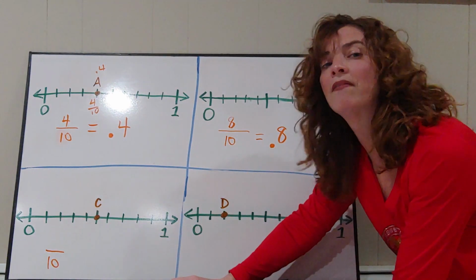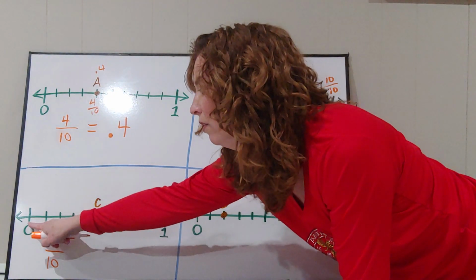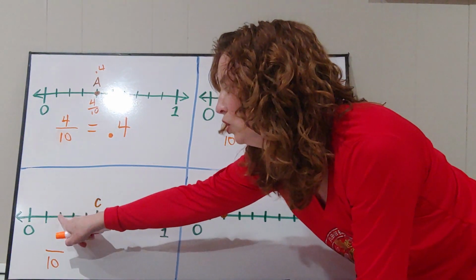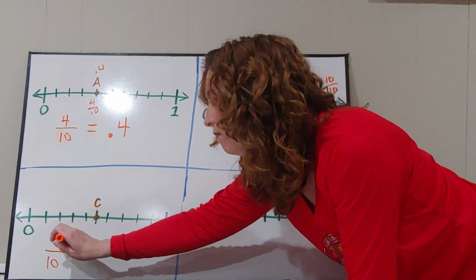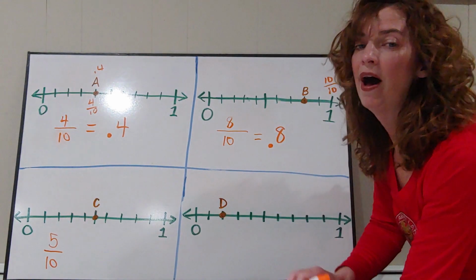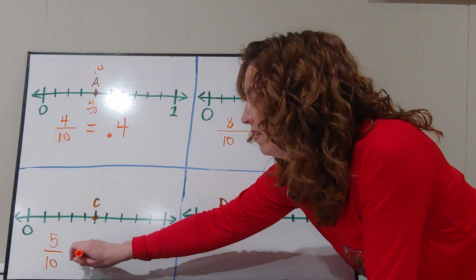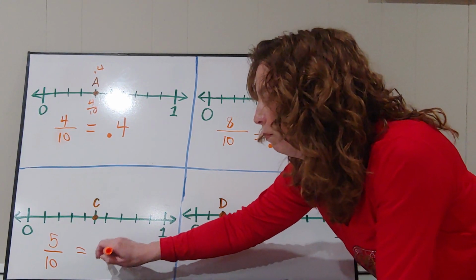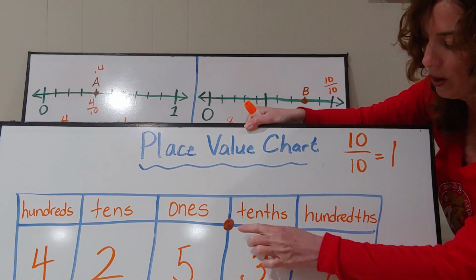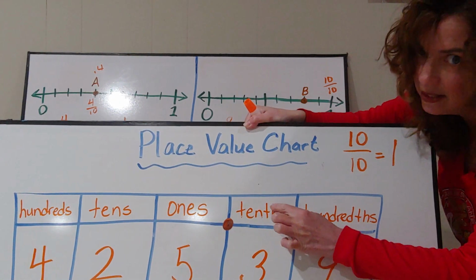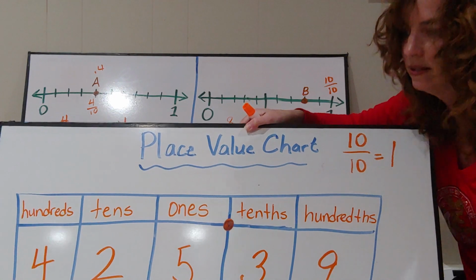And now we're going to count the lines. So start at the 0. 0, 1, 2, 3, 4, 5. 5/10. So C equals 5/10. And if that's a decimal, we're going to put our decimal point, right? I hope you can see this when I pull it up. We have our decimal point, and we're going to put our 5 in the tenths column because it's 5/10.